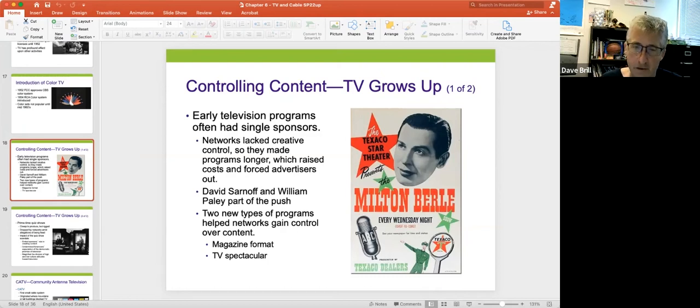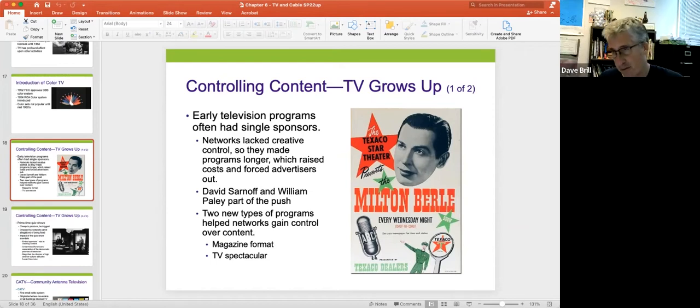So the point being made here is that it allowed Sarnoff and Paley and these executives to go out and start recruiting multiple advertisers for multiple shows, which raised significantly more money. And it also meant that not one particular sponsor had complete control over the actual content of that show, and therefore would not have a major say in what a network could run.